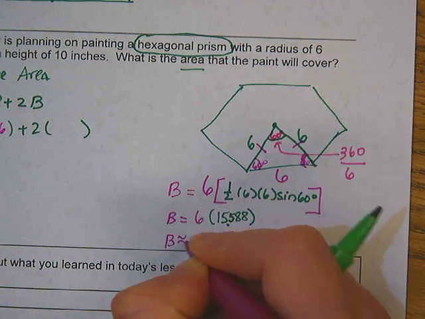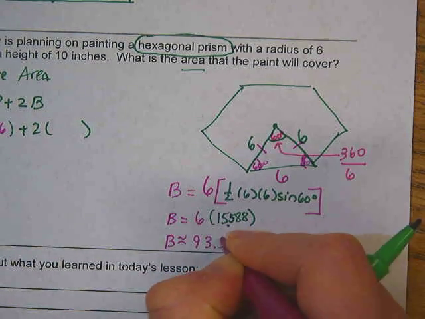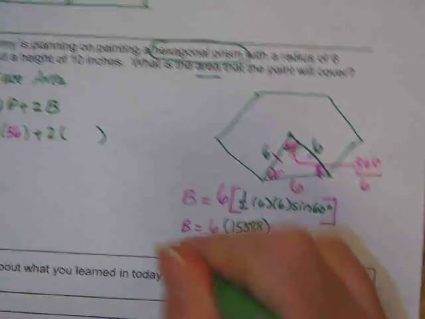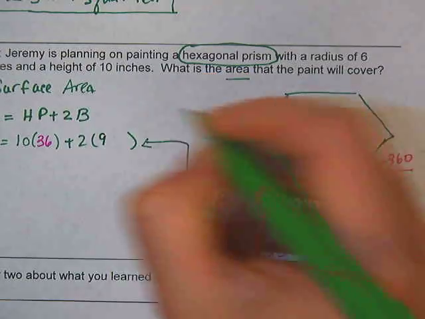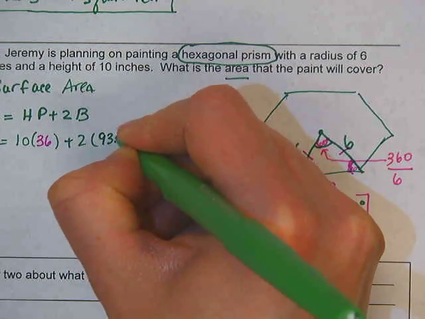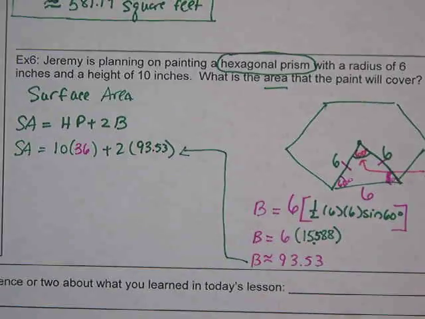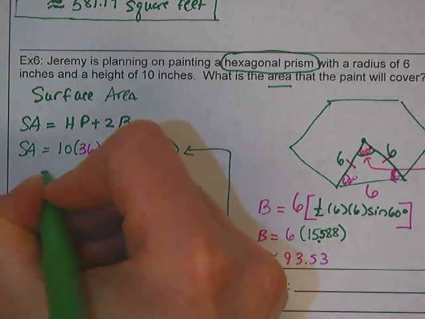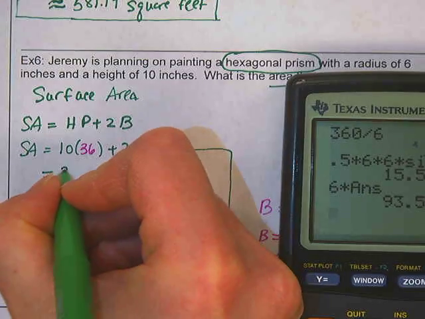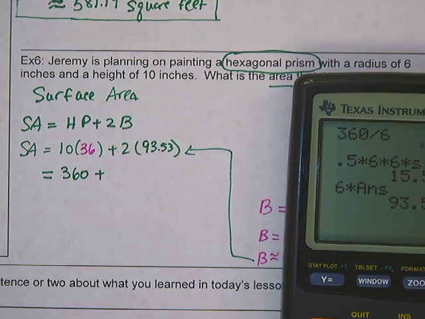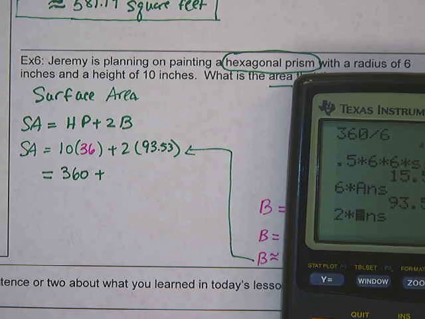Oops, that's not right. 15.588. Now, I'm going to do 6 times my answer, makes it a little bit faster, and I get 93.53. So this is the number that's going to go right here. 93.53.